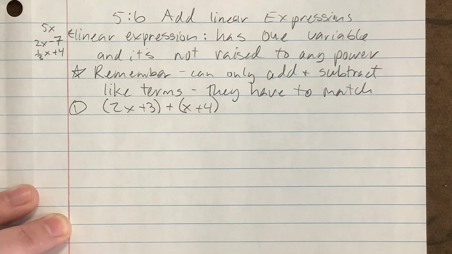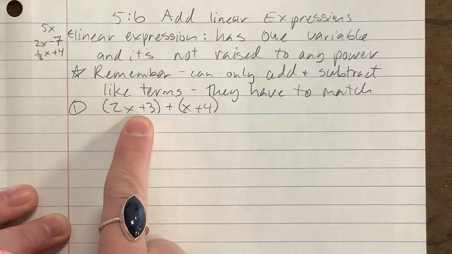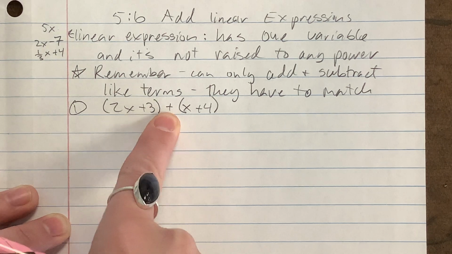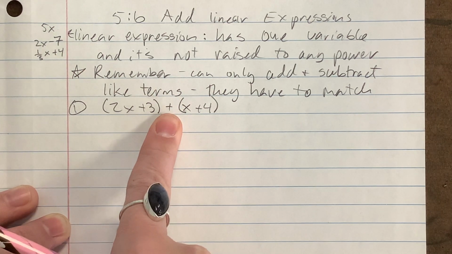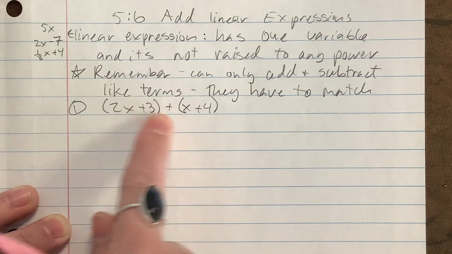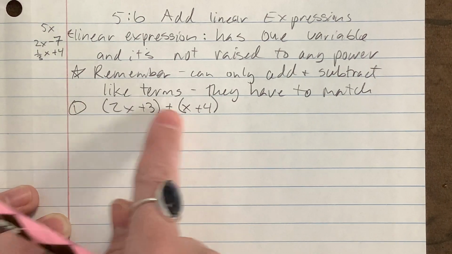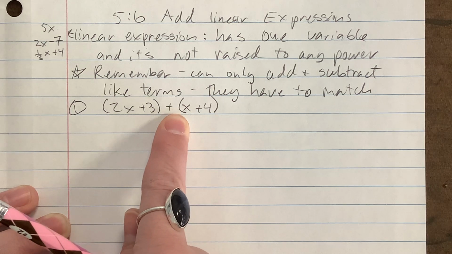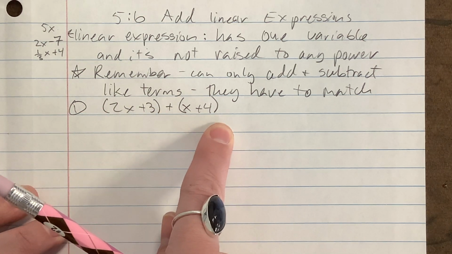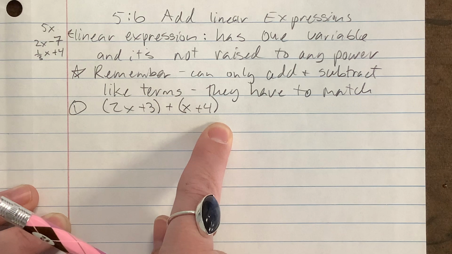We have two linear expressions, and we are going to add them together. Tomorrow we're subtracting, which adds another level of stress. But for right now, because it's adding, and we don't have any numbers outside the parentheses to multiply through, we can just get rid of these parentheses.